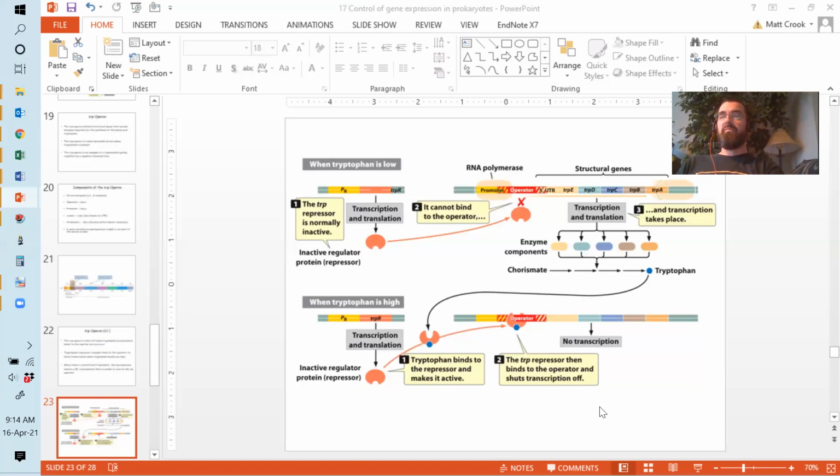What can you think of? Okay, what are some of the key characteristics of gene expression in prokaryotes? Correct. It's usually negative regulation, so it's usually genes are normally on and they're turned off. That's good.